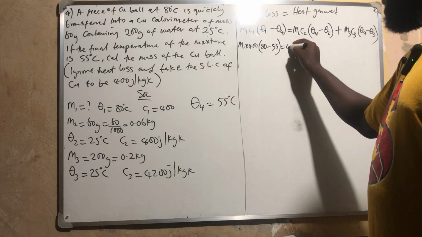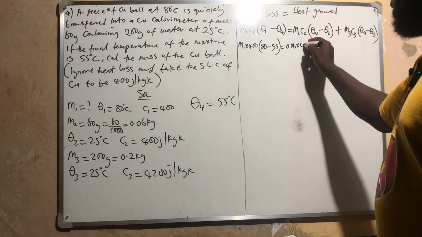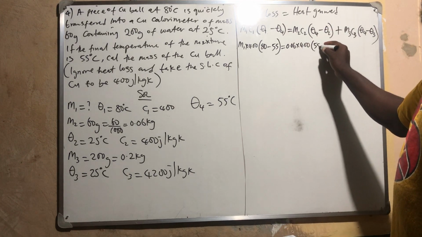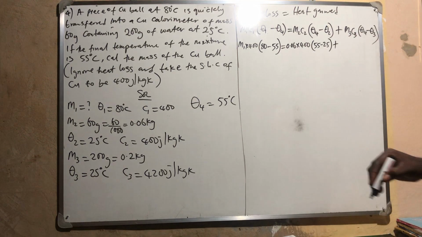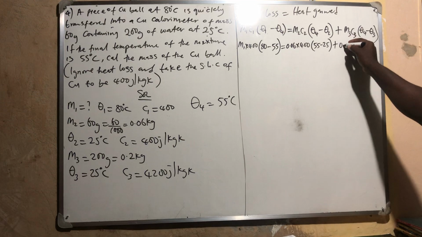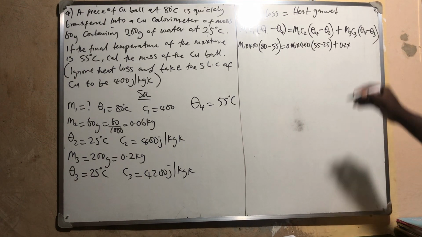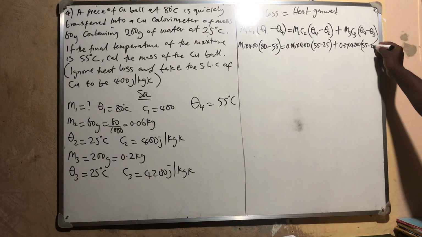My M2 is 0.06 times my C2 is 400 into 55 minus 25, plus my M3 is 0.2 times my C3. My C3 is 4,200 into my theta 4, 55 minus 25.